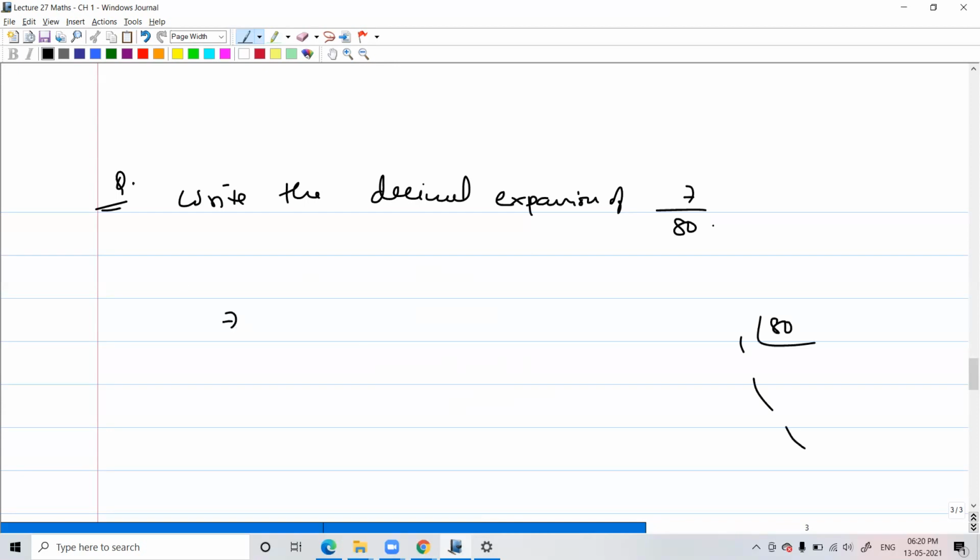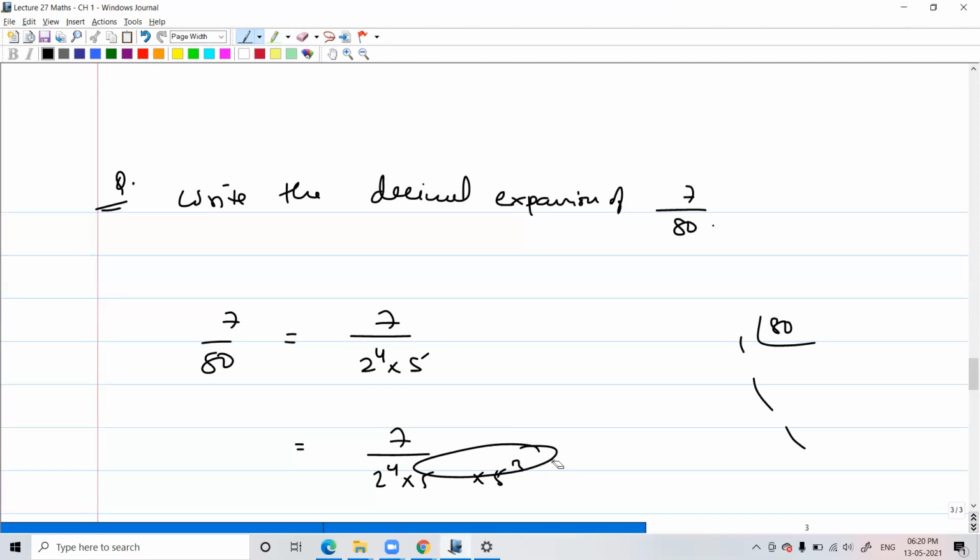So you will write 7 by 80 is equal to 7 by 2 to the power 4 into 5. And then in the next step, you know that one 5 is there. How many more 5s do we need to make it equal to the power of 2? 3 more we need, right? So 3 plus 1 will become 4, so that for each 2 we have a 5. Everyone understands what I'm doing here?